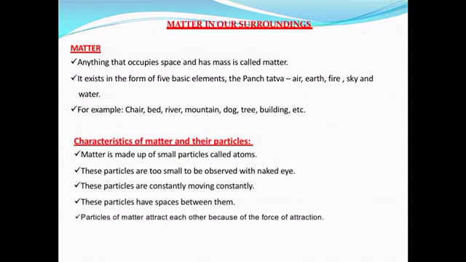On the basis of their space, they have been divided into different states of matter. We'll do it later on. And the next one is that particles of matter attract each other because they have a force of attraction. Again, on the basis of different states of matter, they have different forces of attraction. Because matter is made from small particles, we have a few characteristics of particles also.